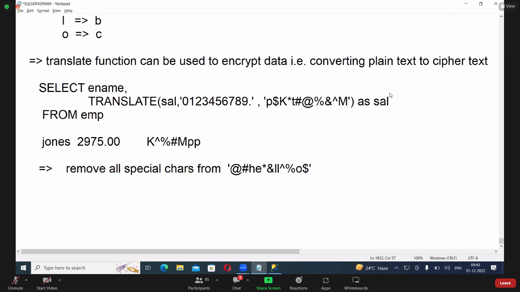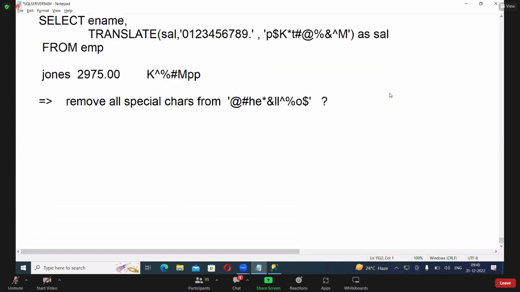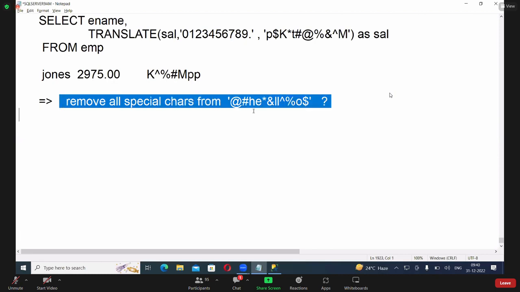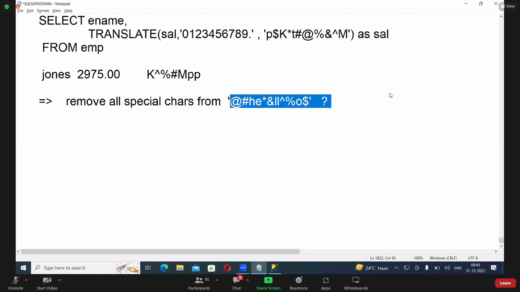Next, the string is filled with these. I want to remove all the special characters from this string.